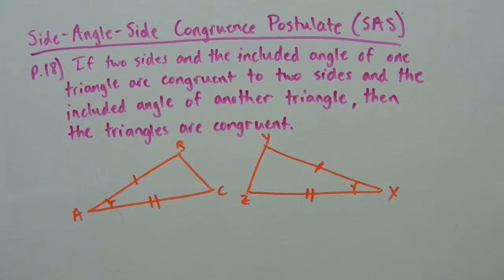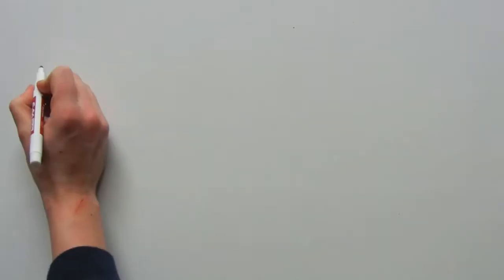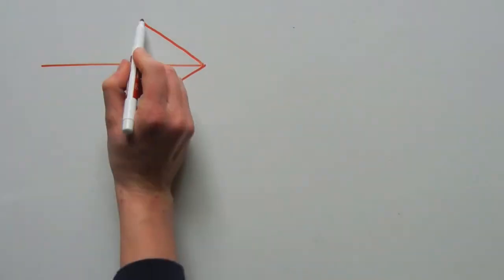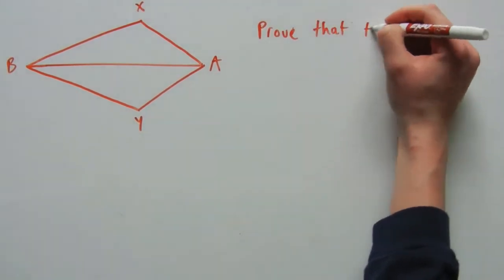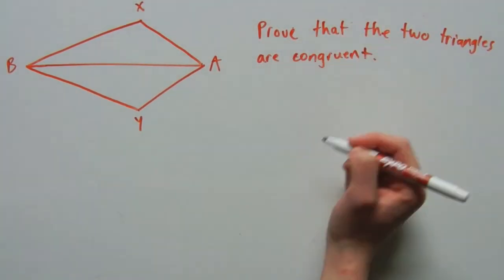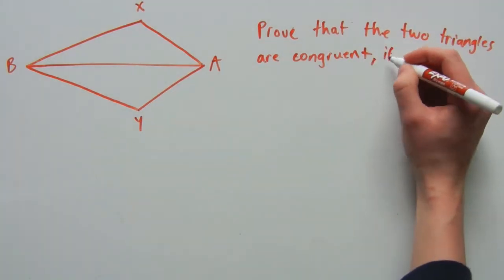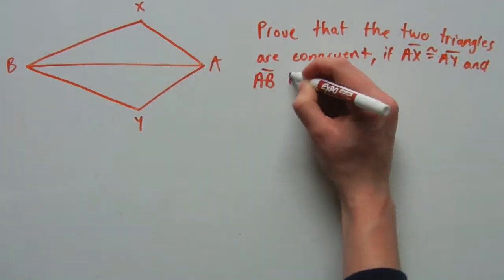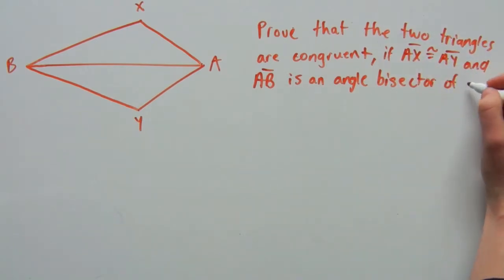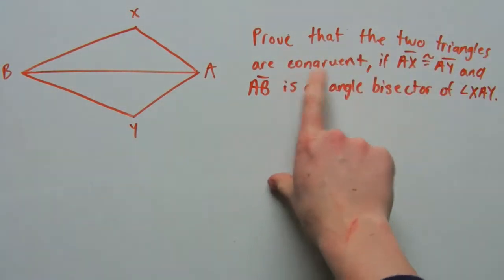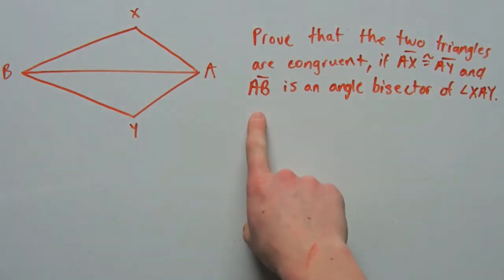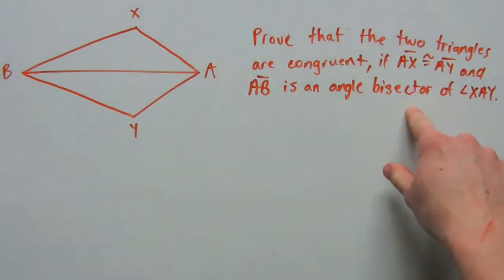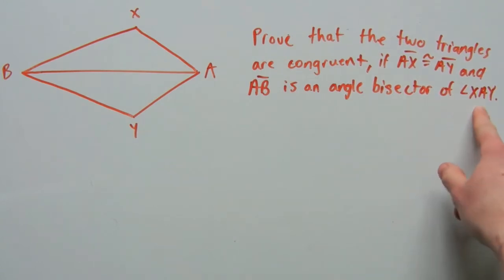Let's utilize this postulate in a proof. So we need to prove that the two triangles are congruent if segment AX is congruent to segment AY and segment AB is an angle bisector of the angle XAY.